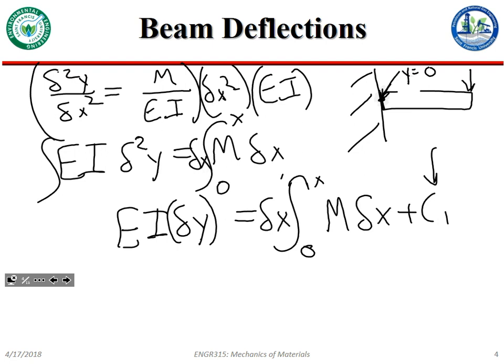So the neutral axis at the wall, is it perpendicular to the wall or almost perpendicular? Right, it's exactly perpendicular, which means that its angle of deflection is 0, which means that the first derivative at the wall is also 0, because the angle of the beam is 0.